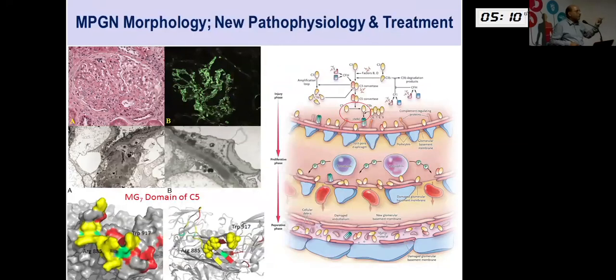When I convert it into Indian rupees, it costs 6 crores for a year. So most of us can't afford it, but those countries which can still pay for it and use it. This blocks the complement activation. So there is a pathway and there are picturizations, and we are now able to find treatment that's tailor-made for it.